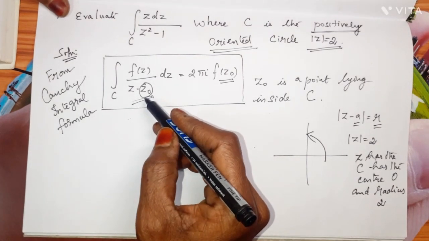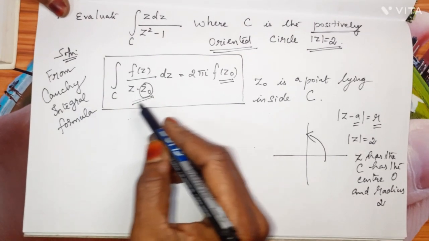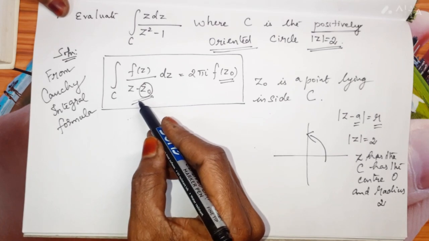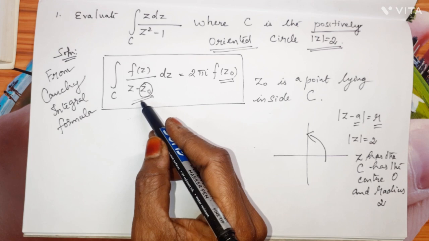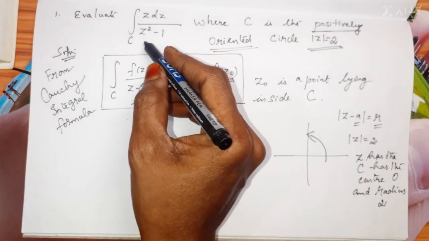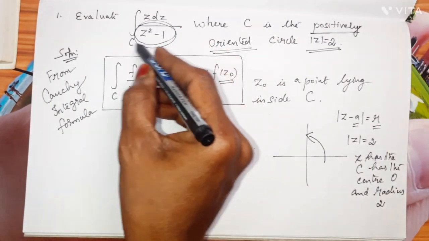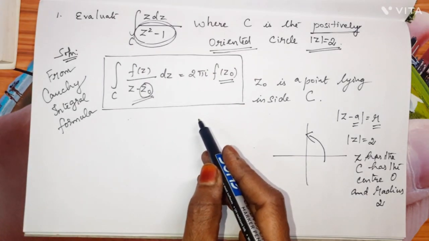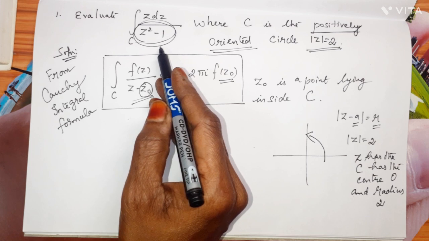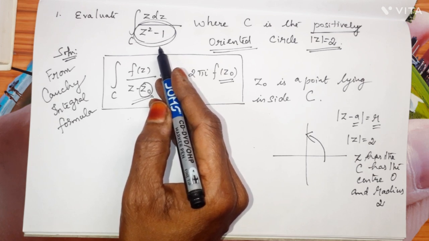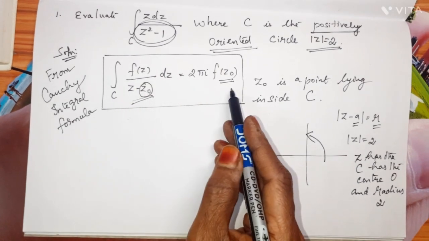If we are going to use Cauchy integral formula, in the denominator the factors should be linear. If it is linear, we can use this formula. But in the problem, we have a quadratic polynomial z squared minus 1. First, we have to split this into linear factors. Then we have to apply this formula.